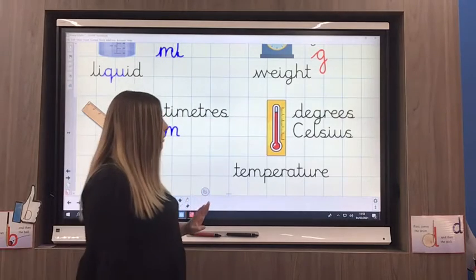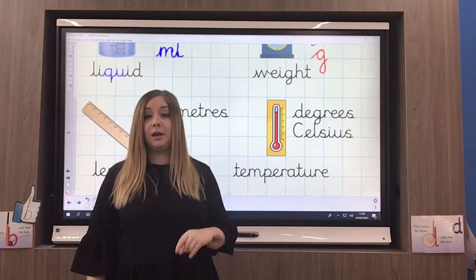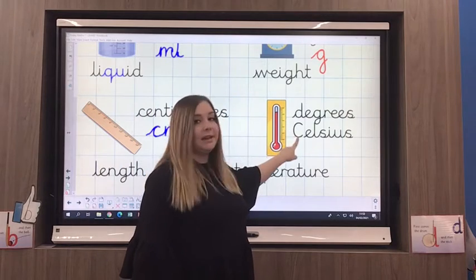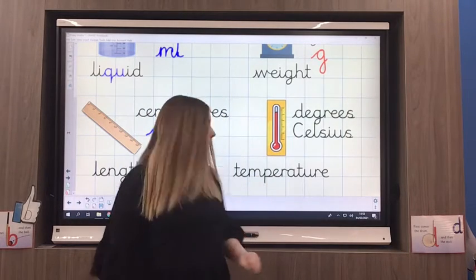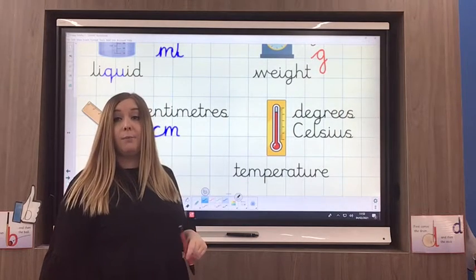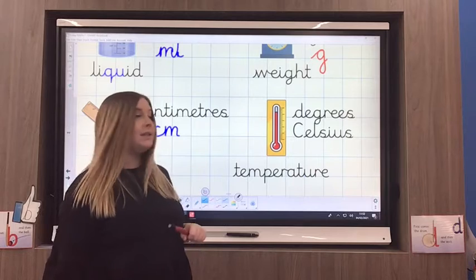Super. And when we measure temperature, we measure it using, now are you ready, because this one's got 2 words, degrees Celsius. Okay, and this one, again, is a little bit different when we represent it, that you'll see today.